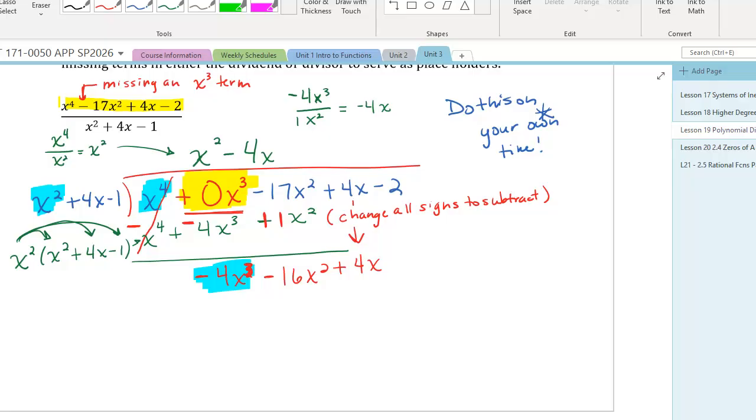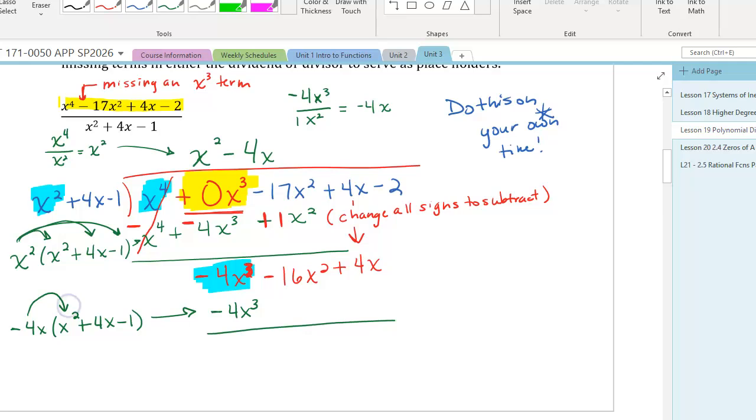All right, now it's time to multiply. So I have negative 4x times x squared plus 4x minus 1. So that's going to give me negative 4x to the third. So I'm multiplying the first term.